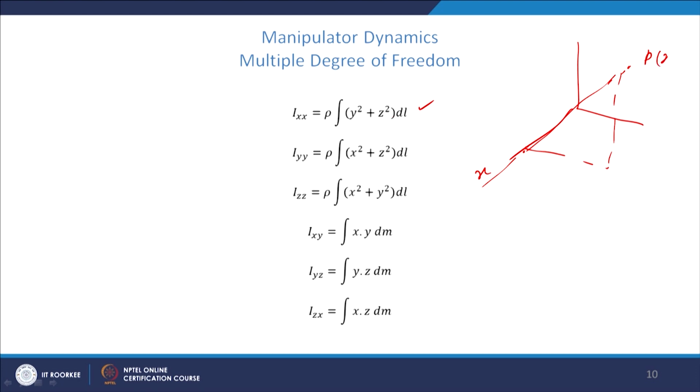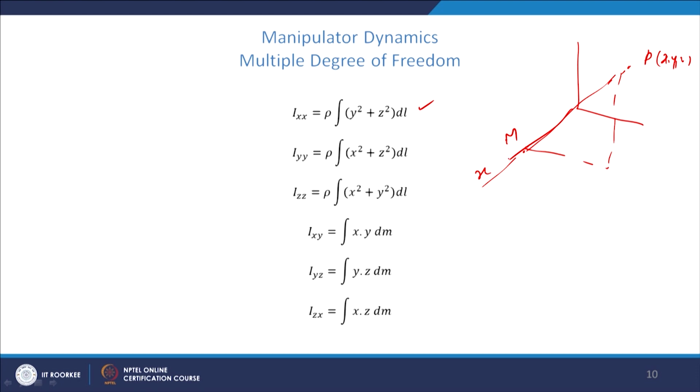If the point P has x, y, z as the coordinates, and we drop a perpendicular to the x axis, the length of PM is nothing but y square plus z square, length square.